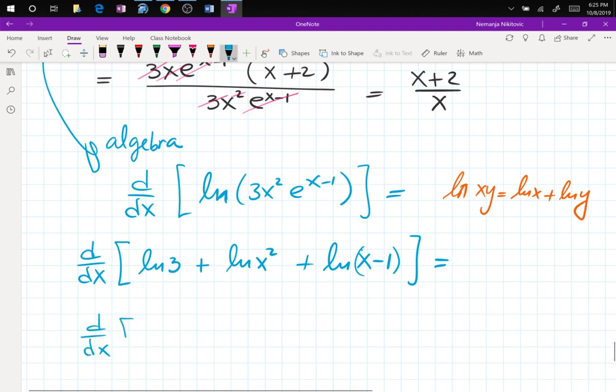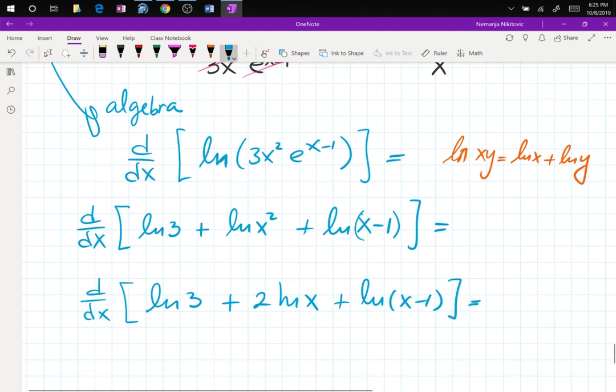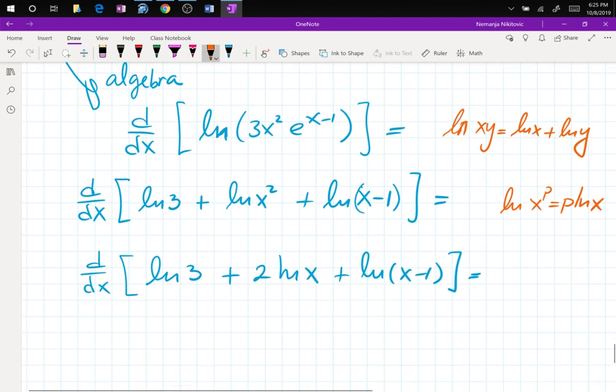And just one more simplification is ln 3 plus 2 ln x plus ln of e to the x minus 1. So the 2 as the exponent jumps in front using the formula ln x to the p is p ln x. Those are some of the basic formulas from your pre-calc.